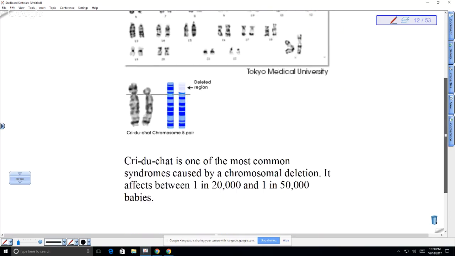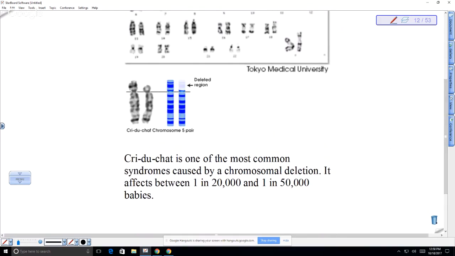So here it is written down. So this is one of the most common syndromes caused by a chromosomal deletion. It affects between 1 in 20,000 or 1 in 50,000, probably depending upon the population you're looking at.